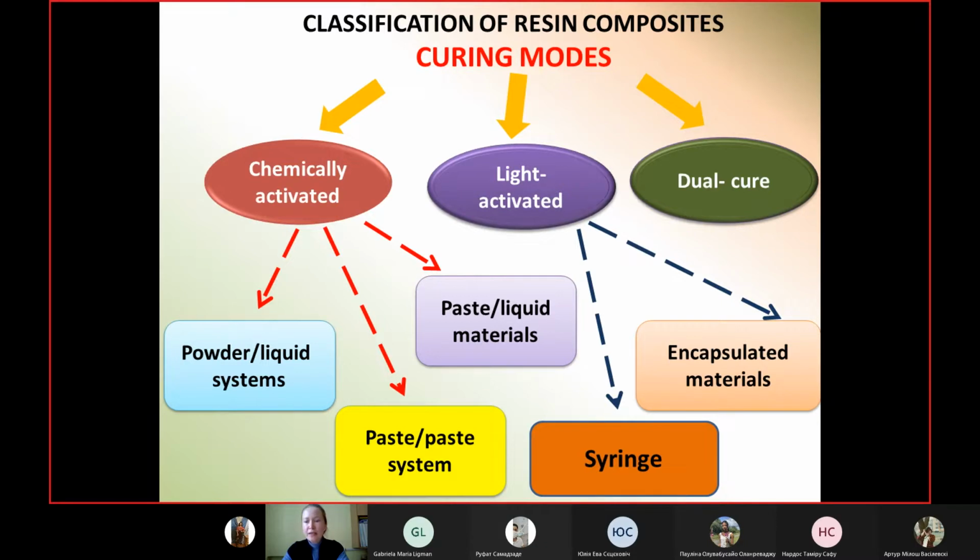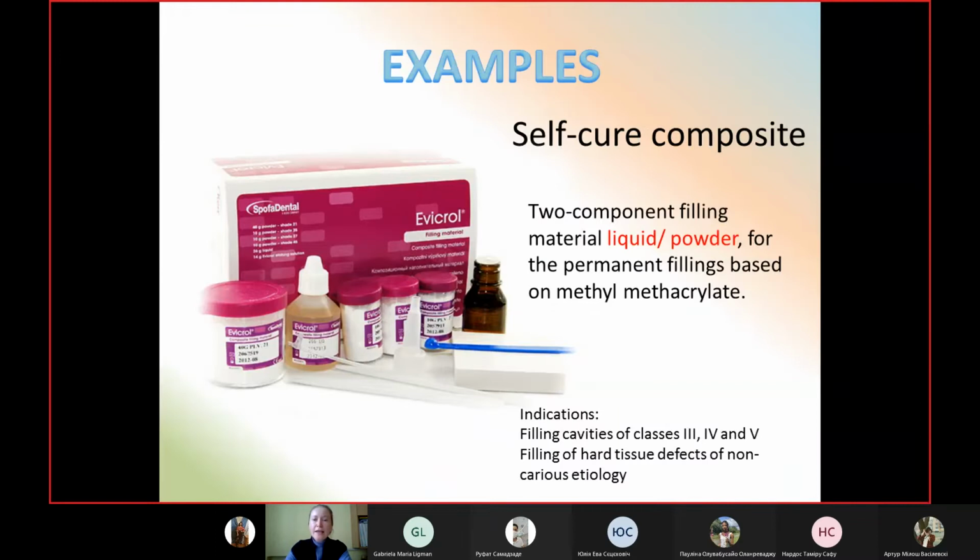Light activated materials are available in syringes and as encapsulated materials. Examples of self-cure composite materials: powder liquid. It was to some extent one of the first materials introduced in dentistry.